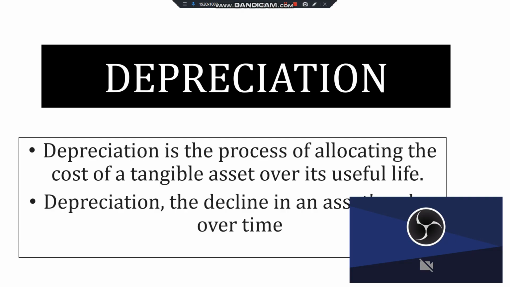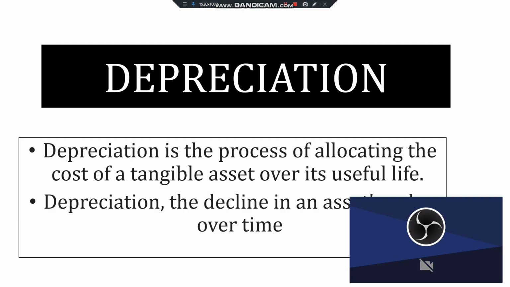So to put in simple words, what is depreciation? Depreciation is the process of allocating the cost of a tangible asset over its useful life. If you see the definition, the three terms which we can consider are the cost, a tangible asset, and useful life.